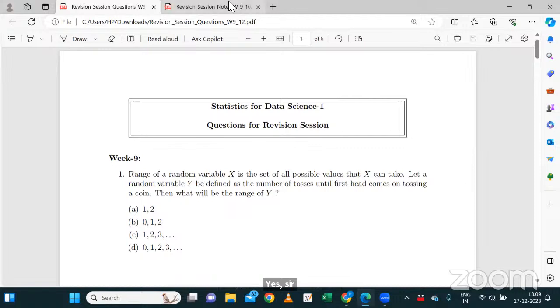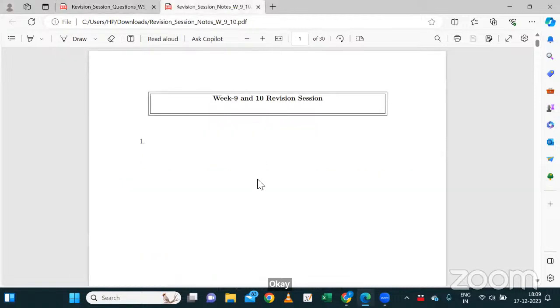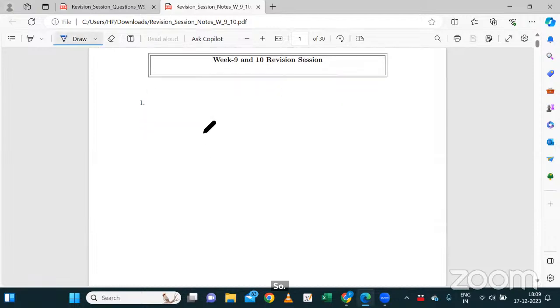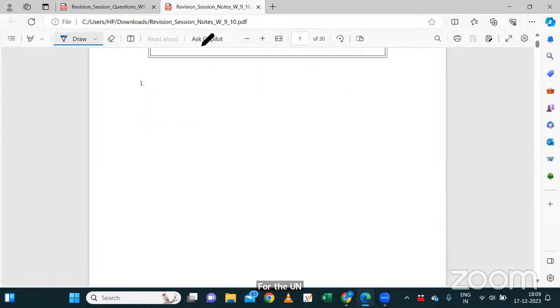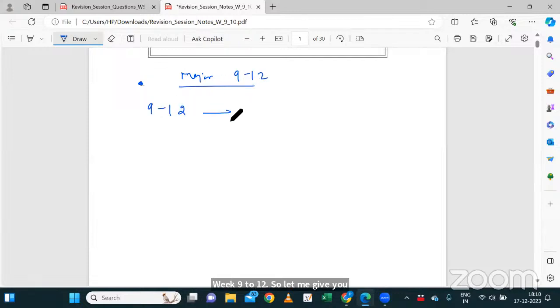Before starting, let me give you some idea of the weightage for your end term, according to marks. As we initially told all of you, the major portion will be from week 9 to 12. Week-wise: from week 9 to 12, it will cover 55%.